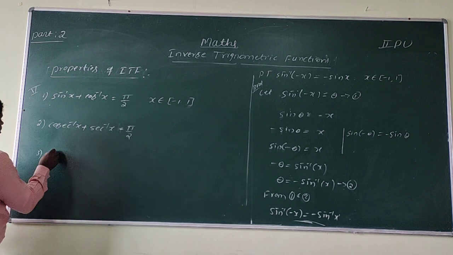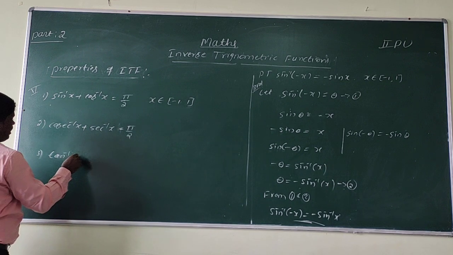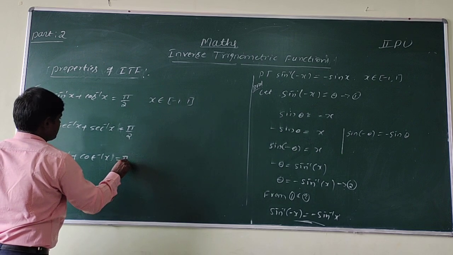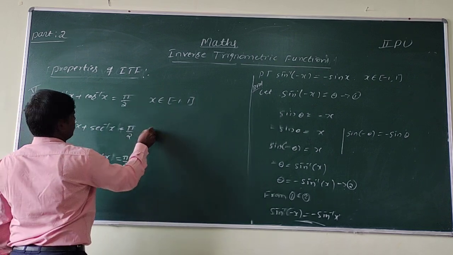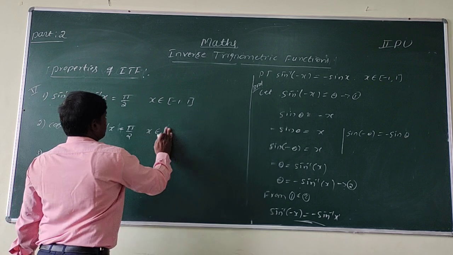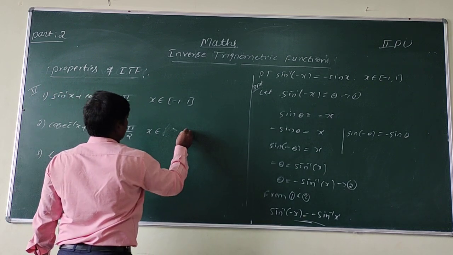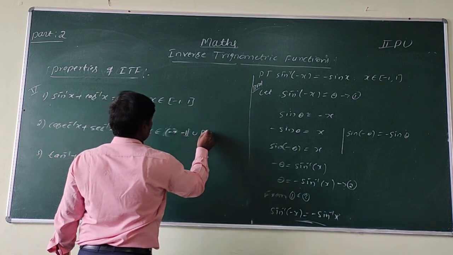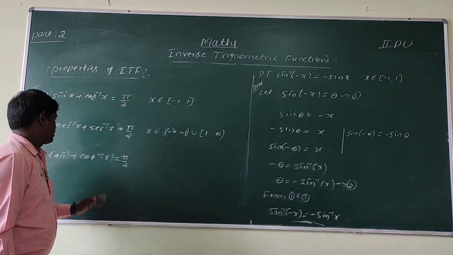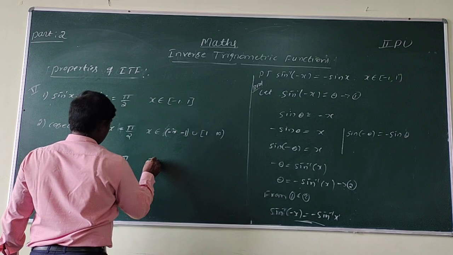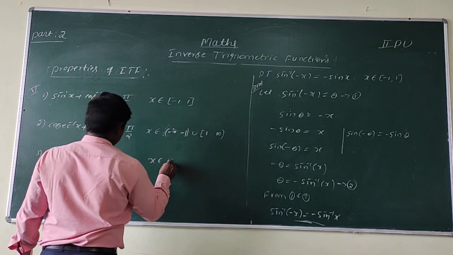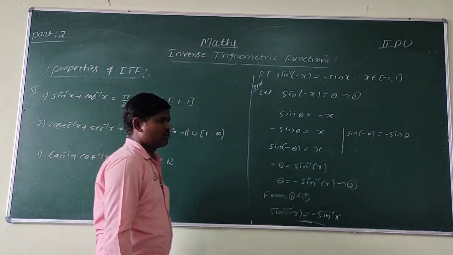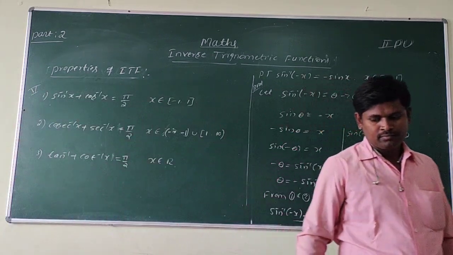And the third one is tan inverse of x plus cot inverse of x is equal to pi by 2. The conditions apply: for cosecant and secant, x belongs to minus infinity to minus 1 union 1 to infinity, that is mod x is greater than or equal to 1. For tan and cot, x belongs to the set of real numbers.